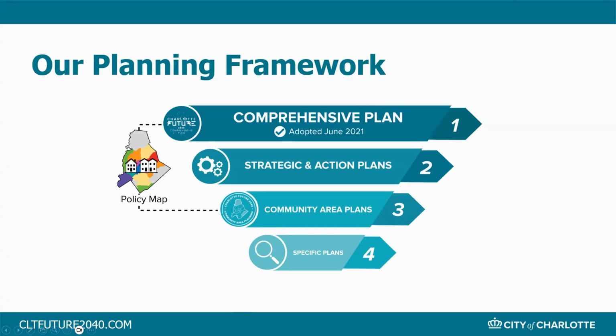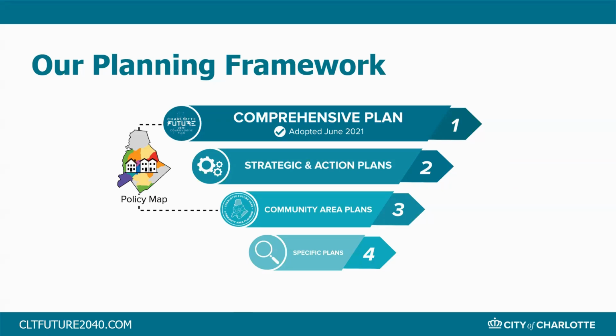For example, Level 2 strategic plans are citywide documents that provide more details than the comprehensive plan on a particular topic. For example, the Strategic Mobility Plan provides more guidance on how to realize Goal 5 within the comprehensive plan, which refers to creating safe and equitable mobility choices for all.